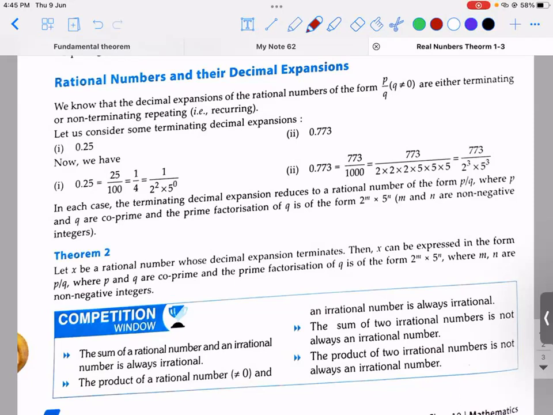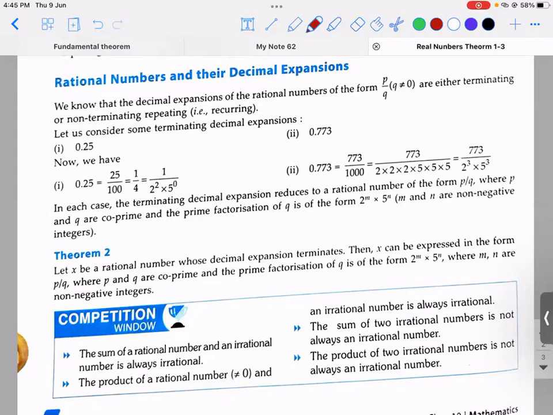On the next step, a square will be equal to 7b square. So what can we conclude from this? 7 divides a square, which implies 7 divides a also. Let me call this equation number 1.